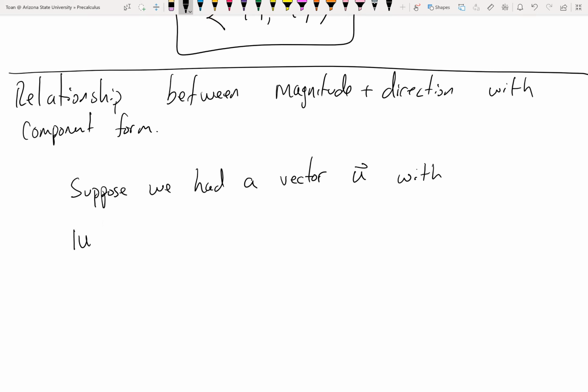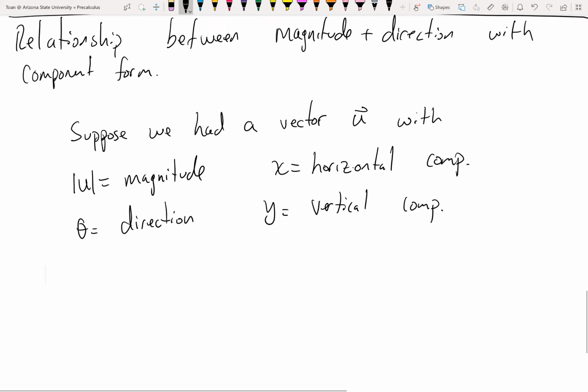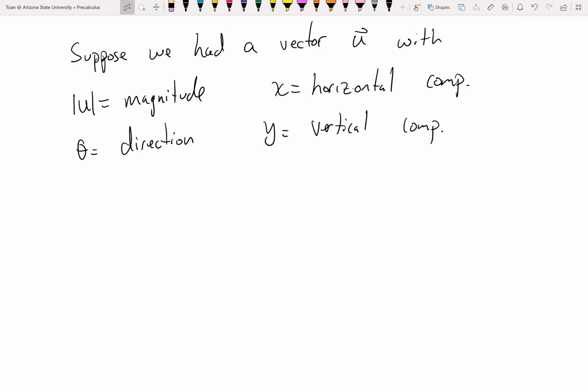With this being the magnitude, theta is the direction, x is the horizontal component, y is the vertical component. So let's draw this out. Let's draw a random vector, u. So boom, there's vector u. We know it has a set magnitude, and we know it has a set direction.